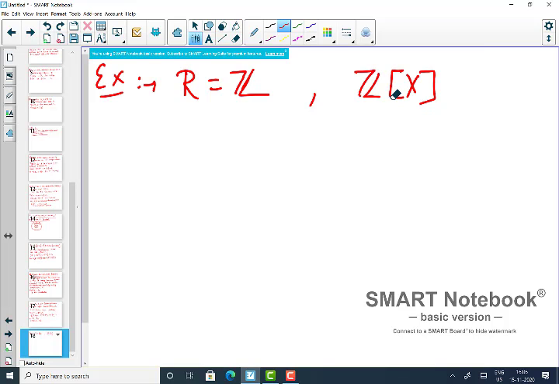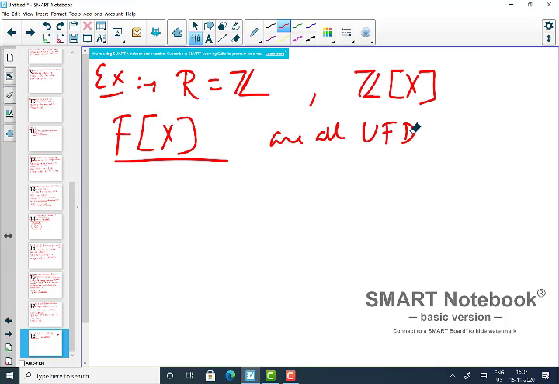So these are all UFDs. Maybe you can have some more things: for any field, the polynomial ring over it is also a UFD. There are more than UFDs actually; I will give the proof why it is more than a UFD later, when we learn something called a Euclidean domain. These are all examples.